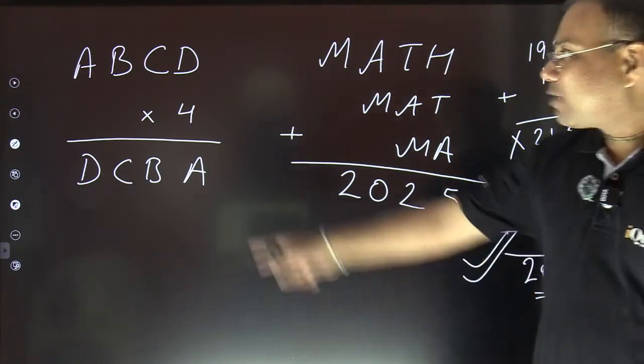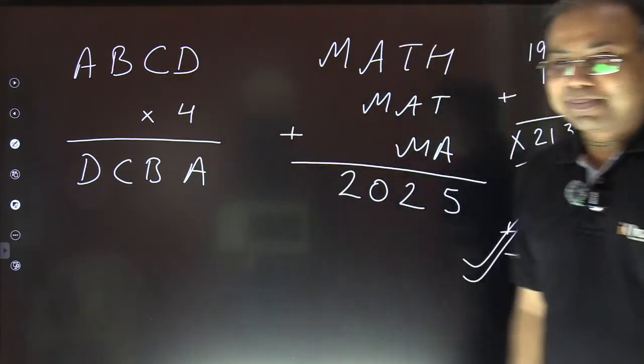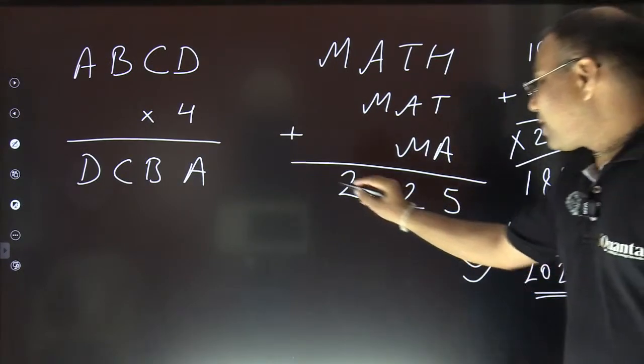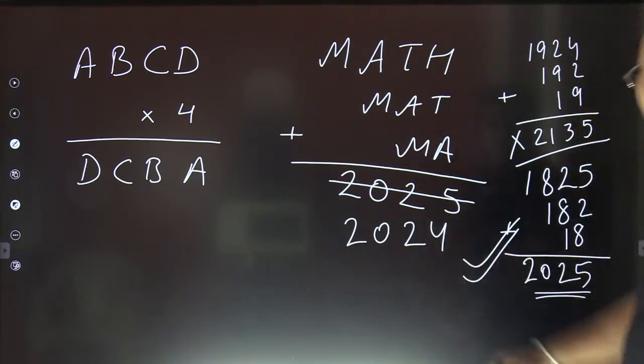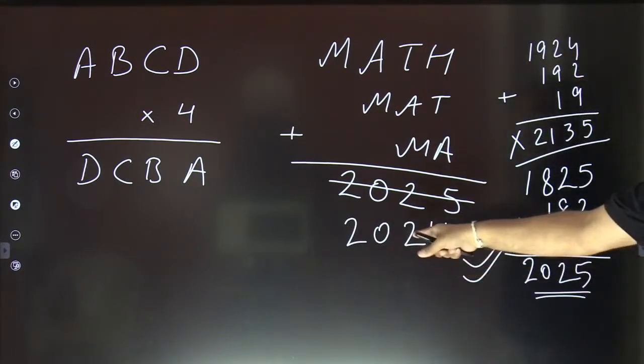So certainly that's the right answer. Excellent. Wonderful. Please quickly answer this one also. Here also, what if in place of 2025, it is 2024? Can you answer it fast?